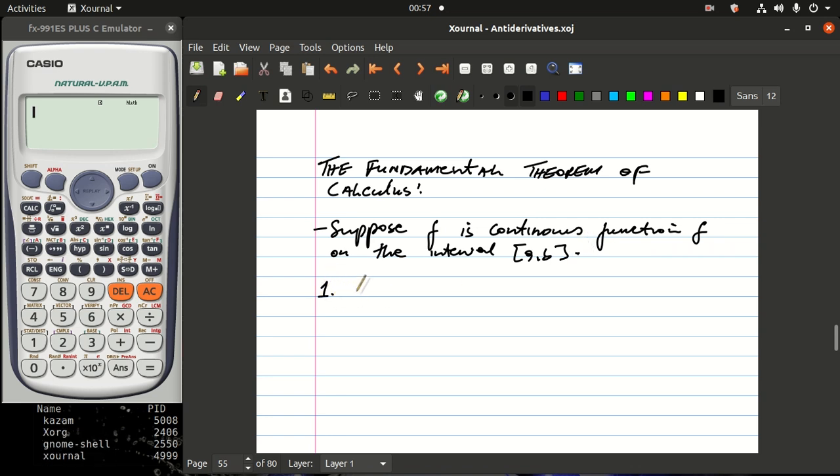There are two implications. If g of x is equal to the definite integral from a to x of f of t dt, then if I take the derivative of this function with respect to x, then g prime of x is going to be, I take this x here.